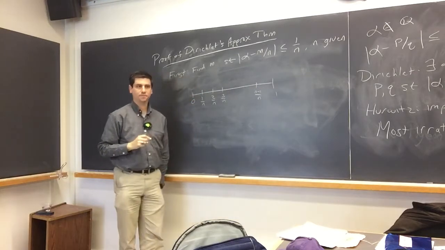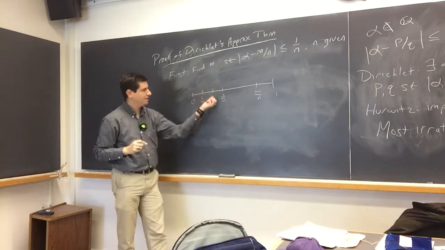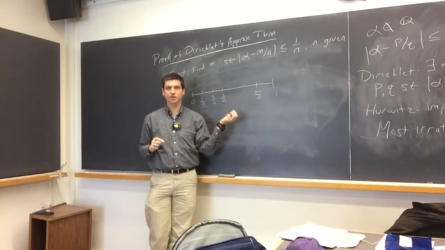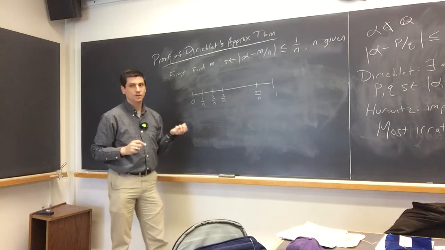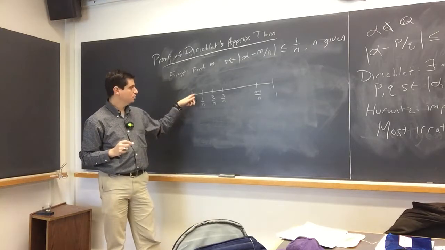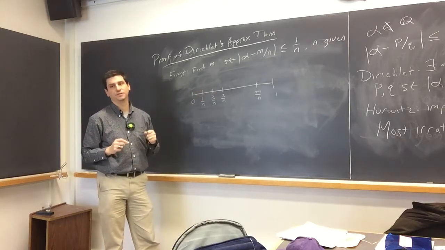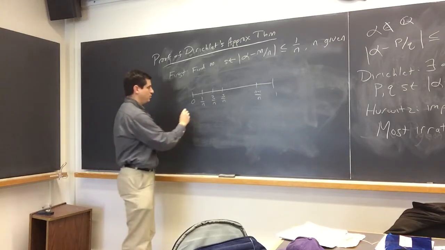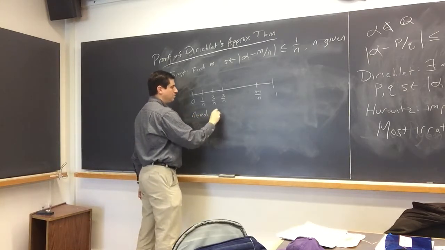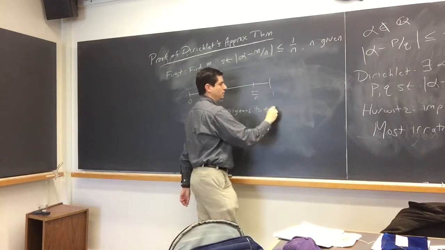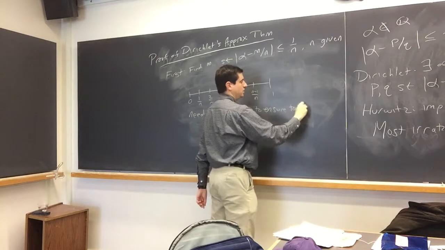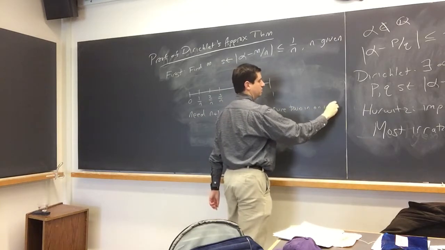Something like this. And what I want to say is that I've got to have two things in one of these intervals. So how many objects do I need? If I have n objects, will I have 2 in an interval? I need n plus 1. So we need n plus 1 pigeons to ensure 2 in an interval.